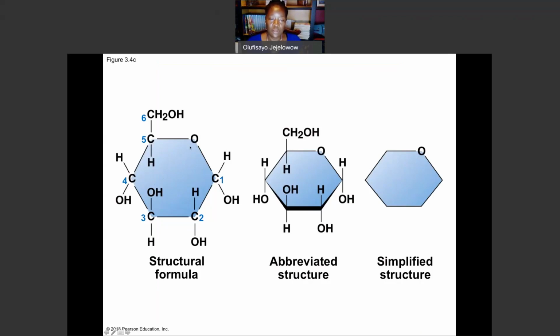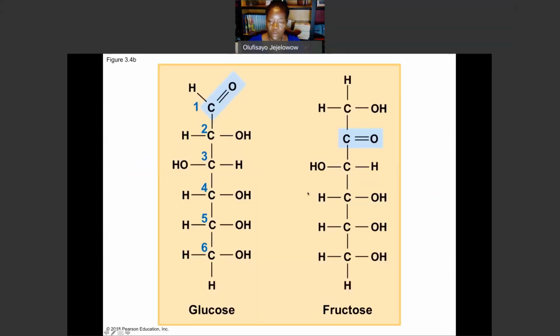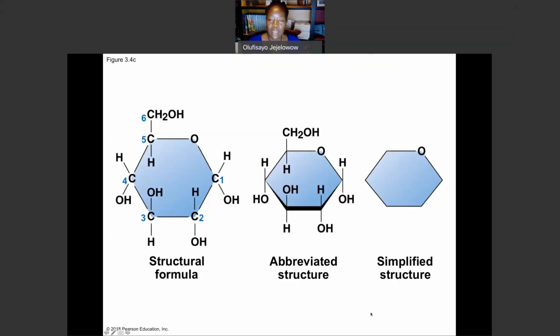In the top right-hand corner is the carbonyl group with oxygen, and we have carbon number 1, 2, 3, 4, 5. Why are we looking at this? Remember, fructose and glucose in nature are rarely found in this straight chain format. Rather, they exist in the ring form. This is the structural formula that shows how the structure actually is in the cell.